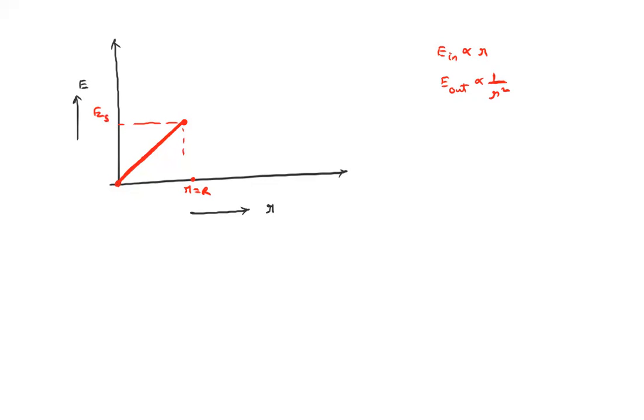Later on, the field decreases, E proportional to 1 by r square. This is called a rectangular hyperbola, inverse square of the distance. This is the variation of electric field intensity with distance.